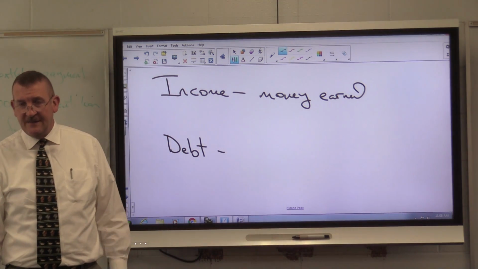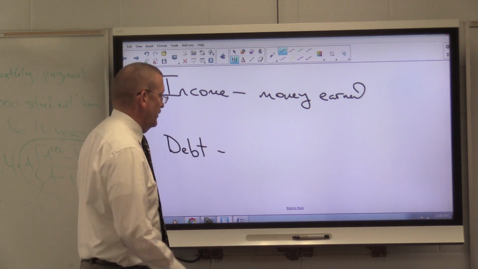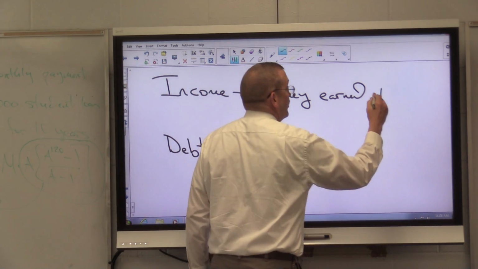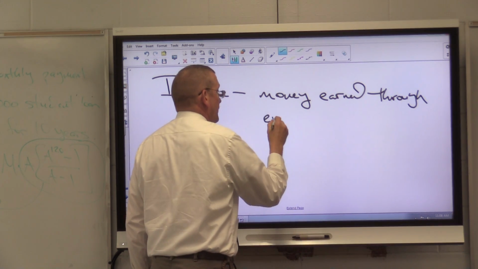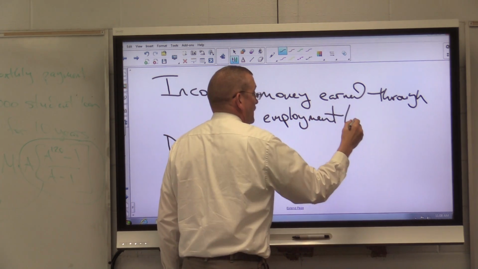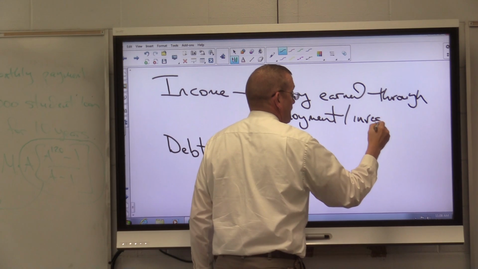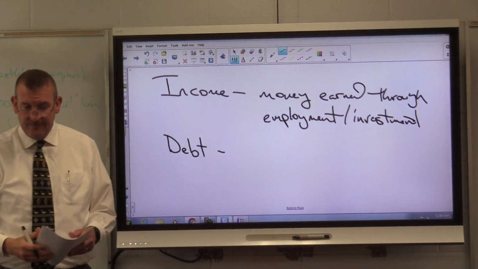Income is any money that is earned. And basically you earn money through employment, or you earn money through an investment.